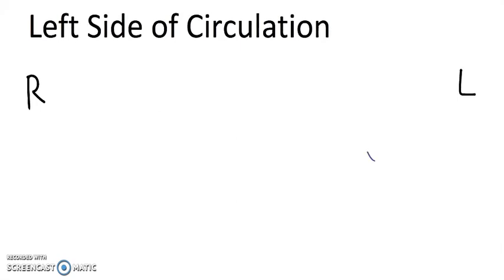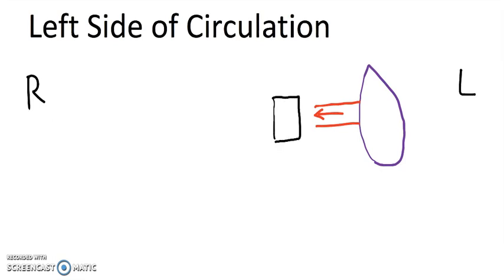And I'm only going to draw the lung for the left side, so I don't draw too many things in one picture. So here would be my pulmonary arteries bringing blood to the left side of the heart. The first chamber we hit, we call this the left atrium.